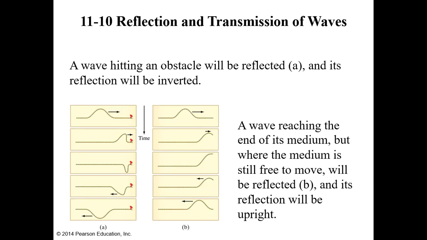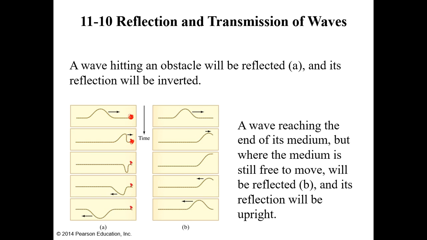All right, so here's an interesting thing that happens with a single pulse. So we have a single pulse that is emitted and moves to the other end. If the other end of this rope is fixed, like here it's nailed down, then what's going to happen is this pulse will hit the fastened end, and then it will reflect back inverted. It will become upside down.